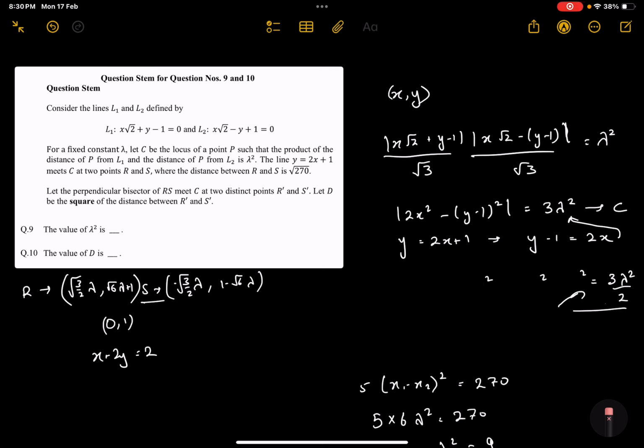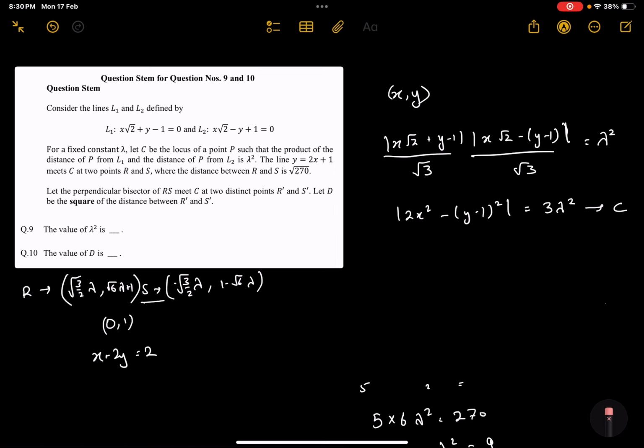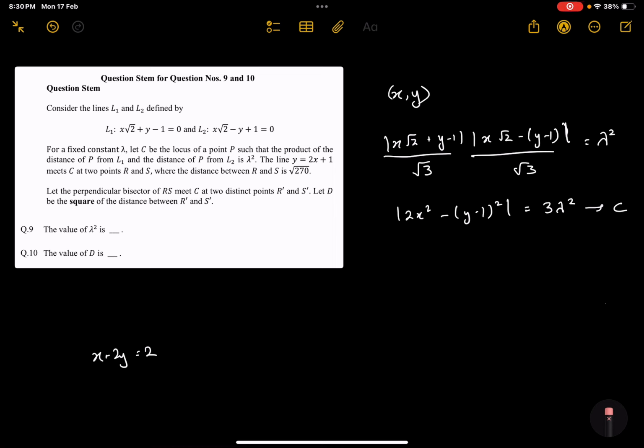And then we need to solve this line with the curve C. So we don't need any of this. Now we want to solve this with the line x plus 2y equals 2.